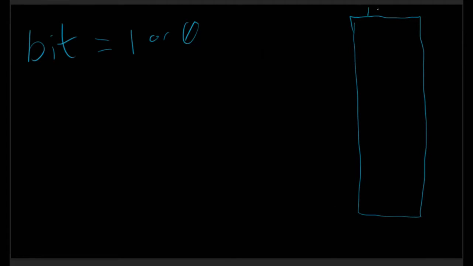Nowadays you're looking at gigabytes, terabytes of hard drive, gigabytes of memory. If we say that each of these little slots can be a 1 or a 0, each of these slots represents 1 bit of memory.